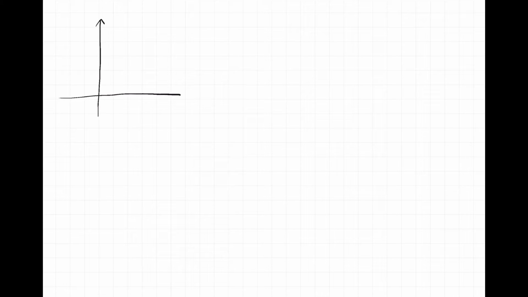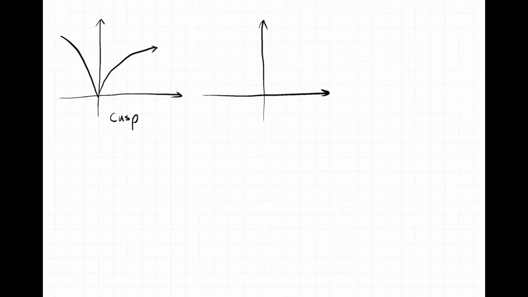Maybe that point should look like a cusp, like I drew, a sharp corner. Or maybe it should look like this. Maybe we should have a sort of a smooth curve here that carries on like this.